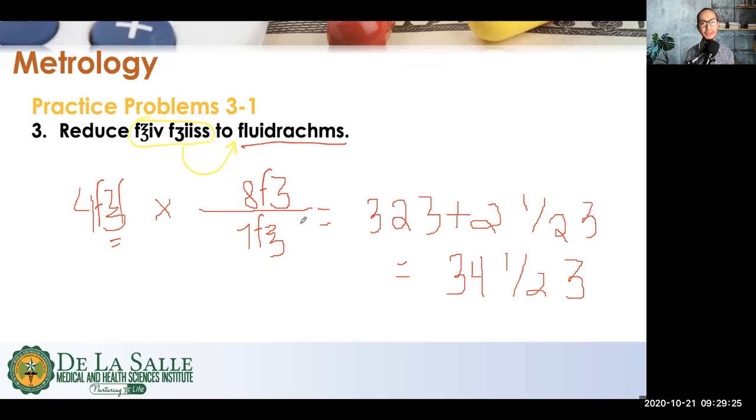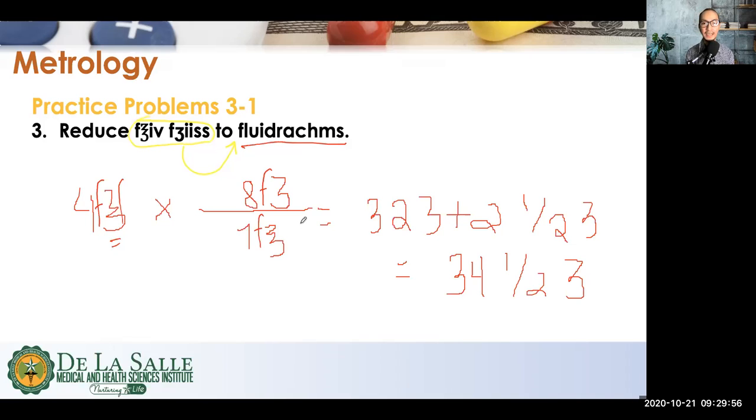So 8 grams, meaning the mass or the weight, are equivalent to 1 ounce, and it's the same with 8 fluid grams being the same as 1 fluid ounce. So it doesn't matter, but it will matter when you go from the ounce to the higher denomination.